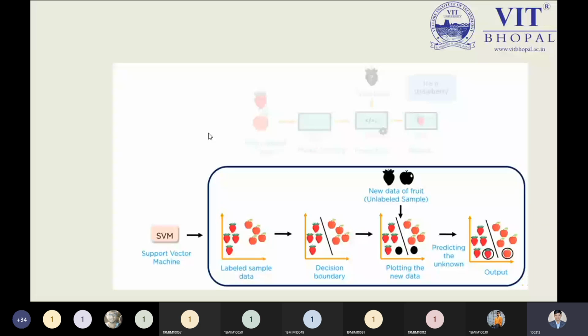After processing, my model will classify these new inputted values into their respective groups, which are known as clusters. But we will not talk about clusters here; we will only talk about the classified groups, known as classes. So the input data will be classified into two different classes: one is the apple class, the other is the strawberry class.